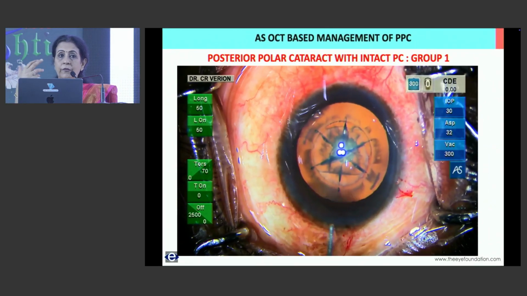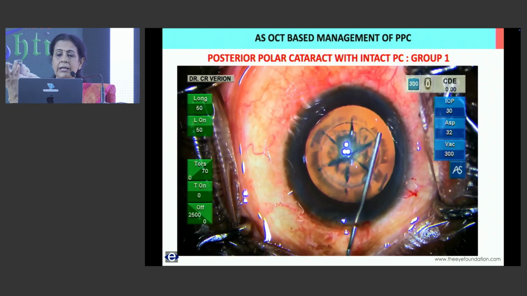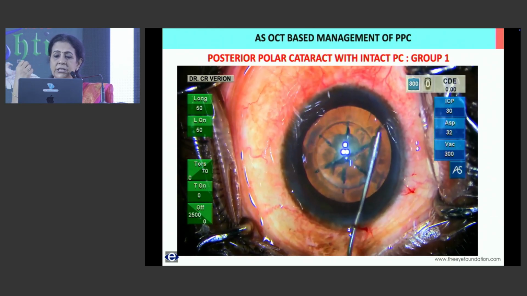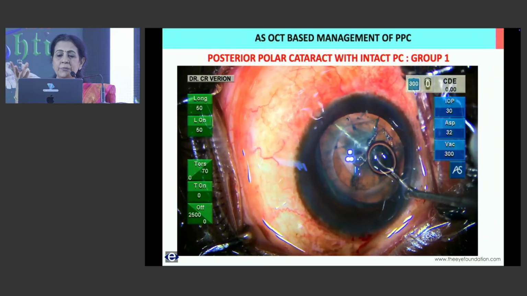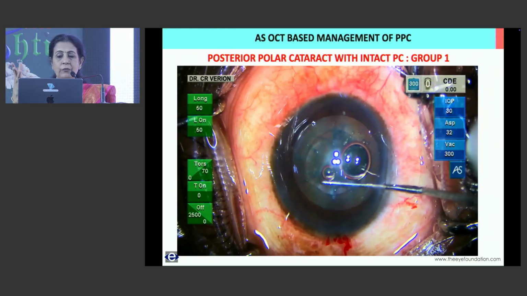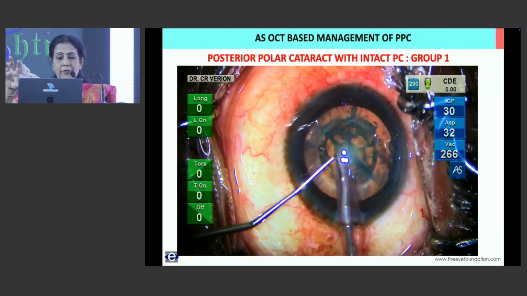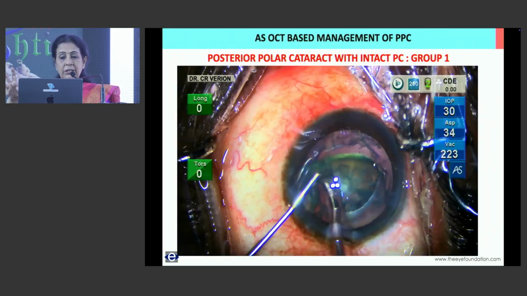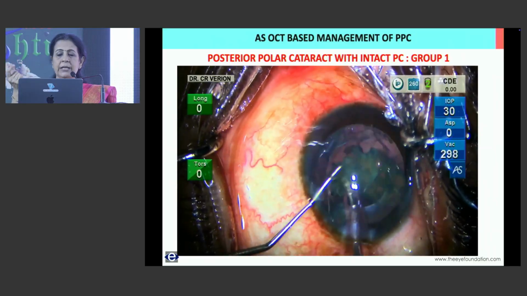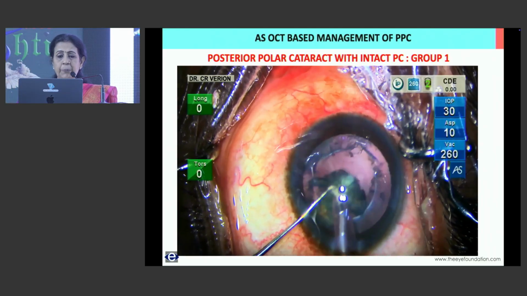If you were to do it on a femtosecond laser platform, the manipulation in the anterior chamber is so reduced, the capsular excess is free floating, and all those fragments are already created. You can gently rotate, and you can just carousel it out, eat it up, keep your IOP low.